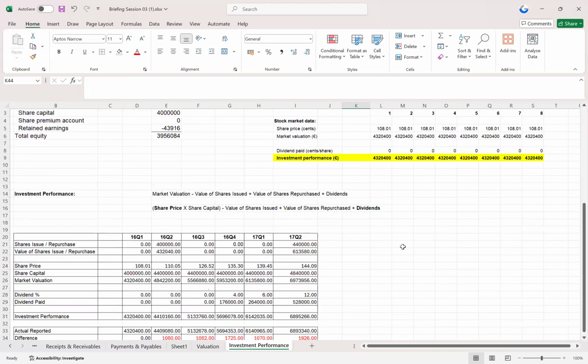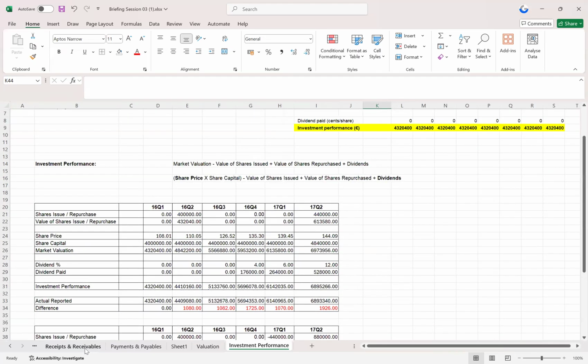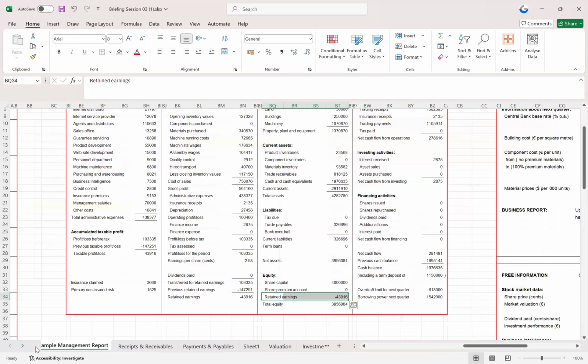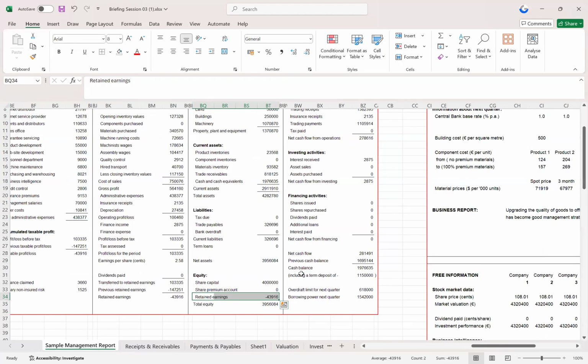The question is: the moment we reissue or repurchase shares, how will it affect my share price in the market? I think I covered this, but let's do it again. If I have a huge surplus of positive cash balance, that's one case. Otherwise I don't have a positive cash balance, I repurchase and go into overdraft. Repurchasing has a positive impact on share price. Issue has a negative impact on share price. That is prescribed.